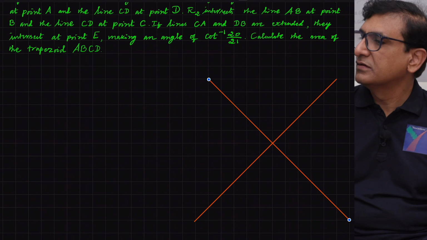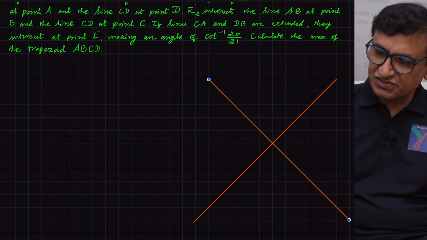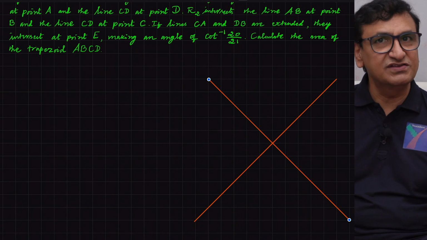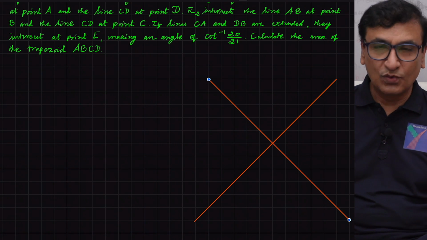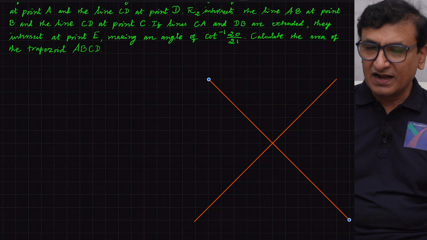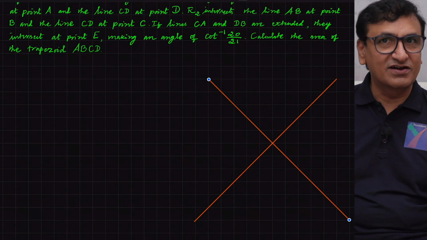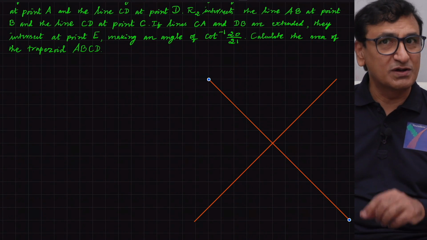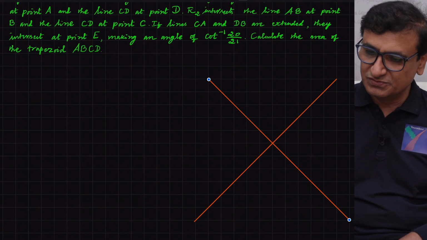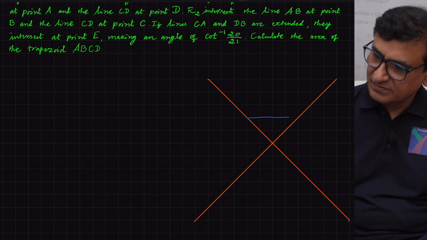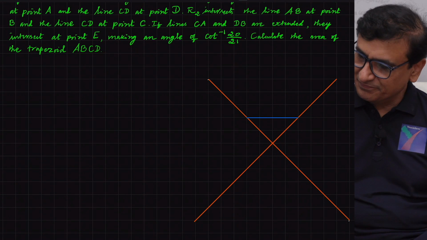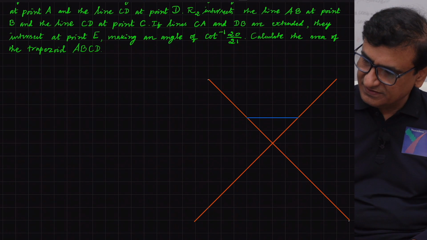Okay, cool. So this is R1 and another one is R2. Next, what is given is there are lines AB and CD that are 4 units and 10 units. So I'm going to draw the line AB and CD now. So this is the line AB and this is the line CD.